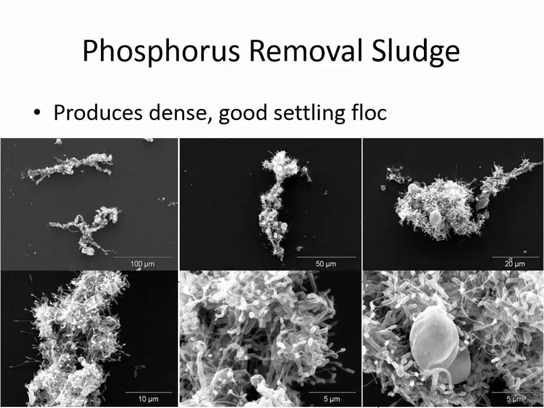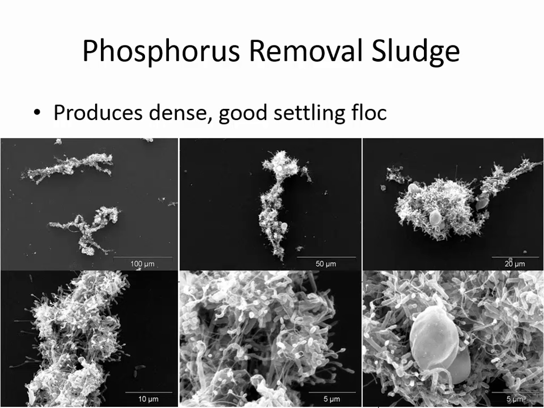One of the nice things about phosphorus removal, here's a scanning electron microscope, and you can see that the sludge is very dense, which means that it settles nicely.